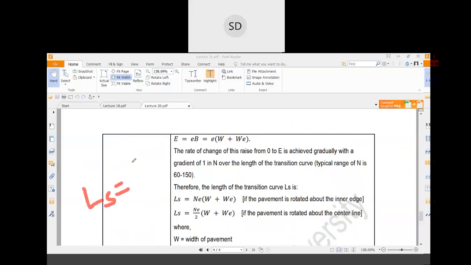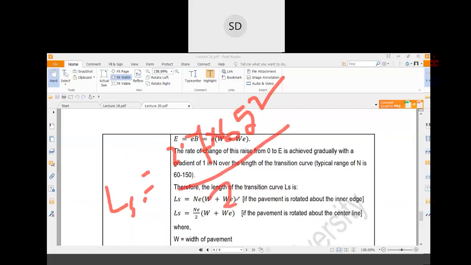In that case, your LS value is into V square divided by 220, and you will get a value of 51.9 meter.